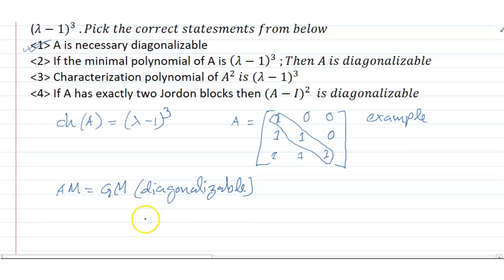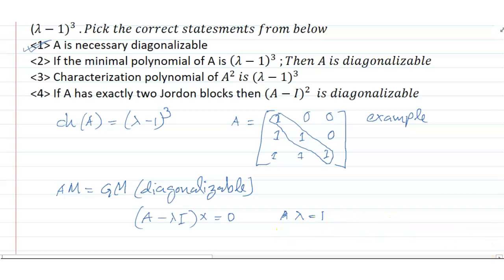So (A minus lambda I)x equals 0. Whatever we get here, lambda equals 1, so I have to find this equation.